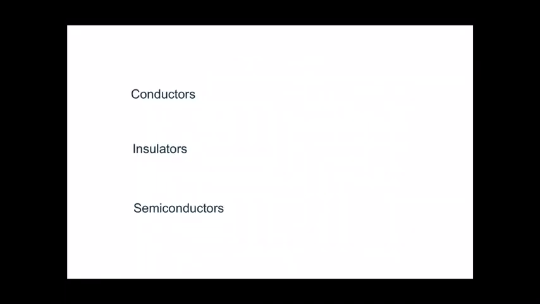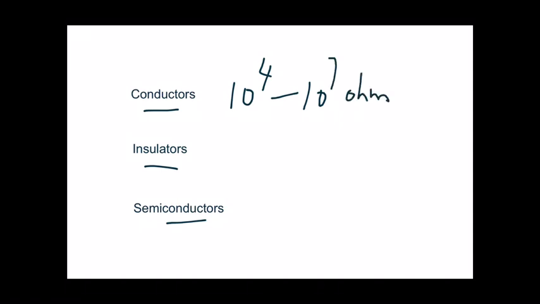Based on the electrical conductivities, solids can be classified into conductors, insulators, and semiconductors. The electrical conductivity of conductors ranges between 10^4 and 10^7 ohm^-1 meter^-1.